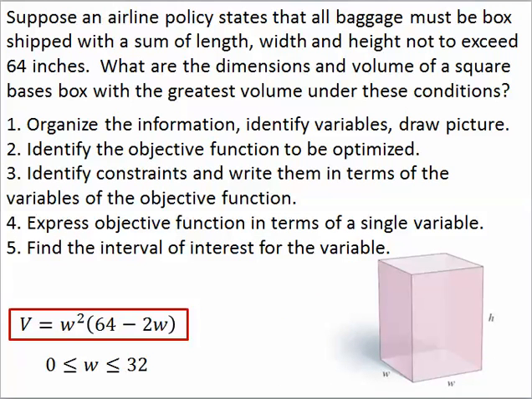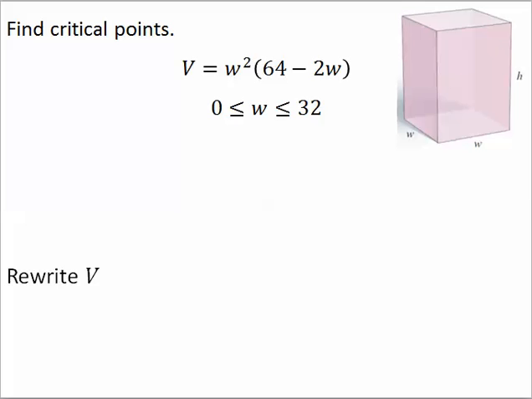Then find your interval of interest. w has to be 0 or greater, but it also has to be less than or equal to 32. Otherwise, it just doesn't make any sense. You end up with a negative volume. Then find your absolute maximum or minimum. To find the maximum or minimum, well, again, we're on a closed interval.